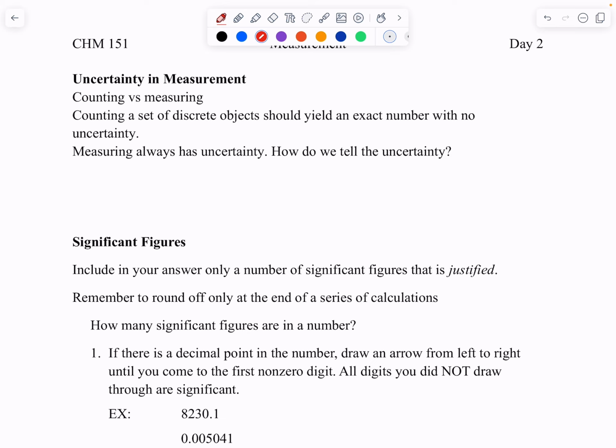They need to be precise to less than a millimeter. Where if you're doing rough carpentry, you can be off by well more than a millimeter and it's fine. It just depends on what you're measuring and how you're measuring it.